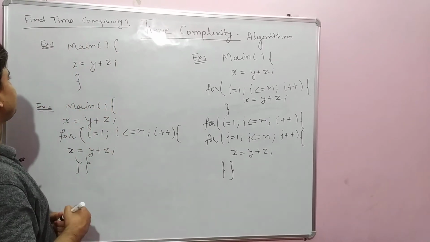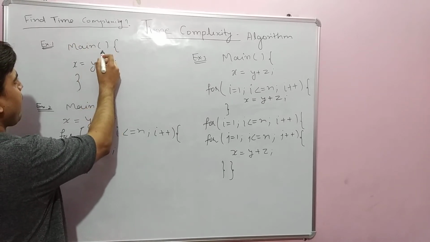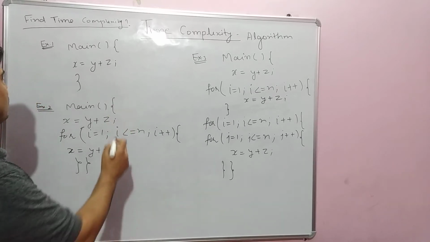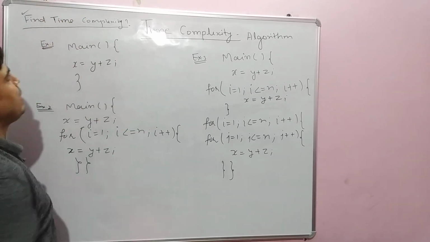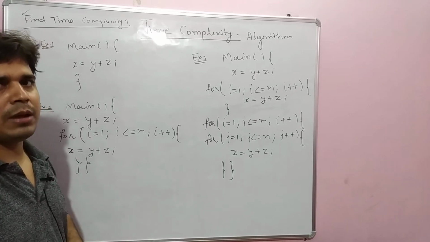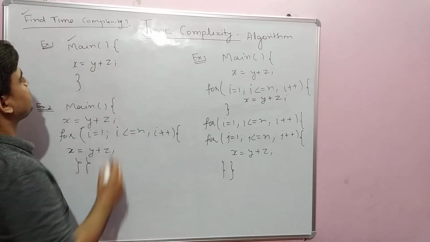The first one is the main method, and x equals y plus z. You have to find the time complexity. So what is the time complexity of this program?